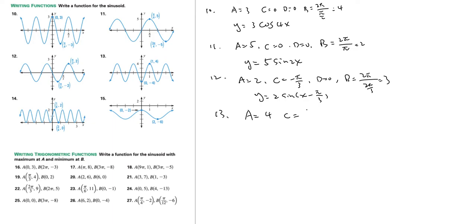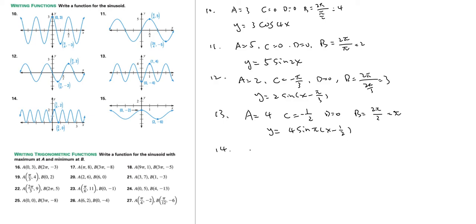We shift to the right by half, so it's negative half, and D is not going anywhere, up or down. For B, the period is going to be 2, so it's pi. Now y equals, we use sine, so 4 sine pi times x minus half.